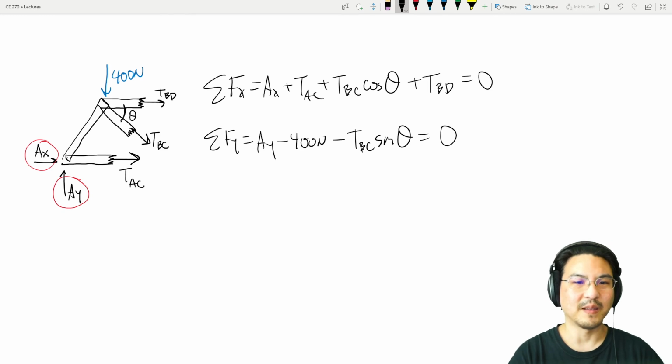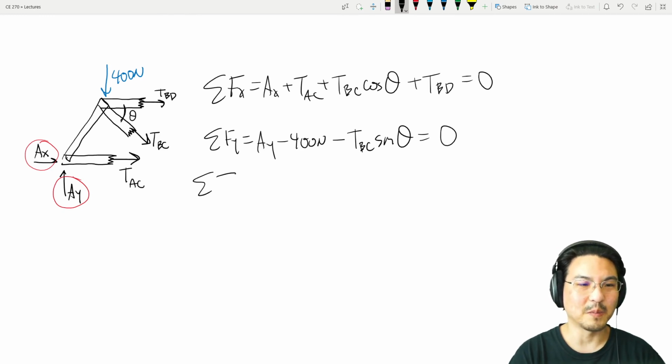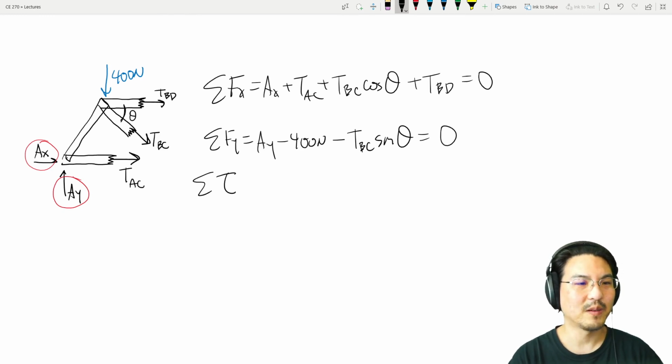Okay, and now some torque about anywhere you want. So again, these are unknowns. These 2 are known. So I would like to get rid of unknowns in my equation. So if I sum torque about right here, then the torque by this is 0. The torque by this is 0.